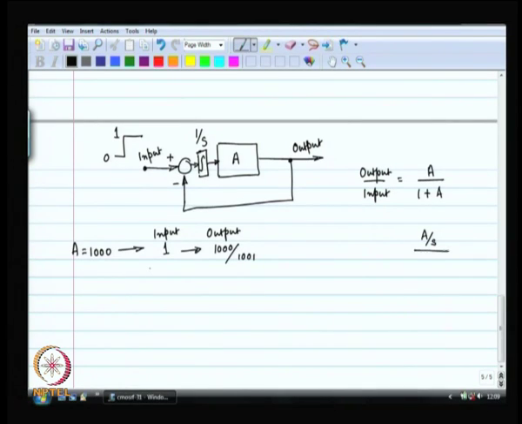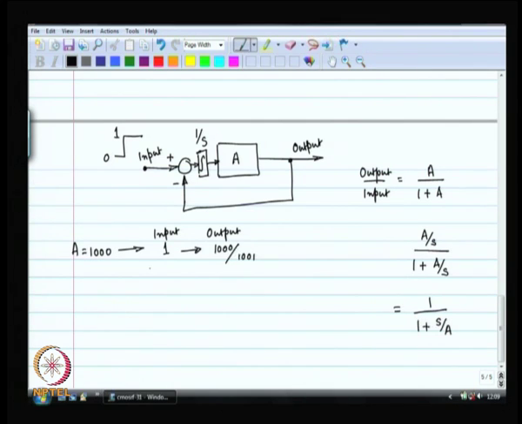That means that my output by input is A by s divided by 1 plus A by s, which is equal to A by s plus A, which is equal to 1 by 1 plus s by A. Okay.